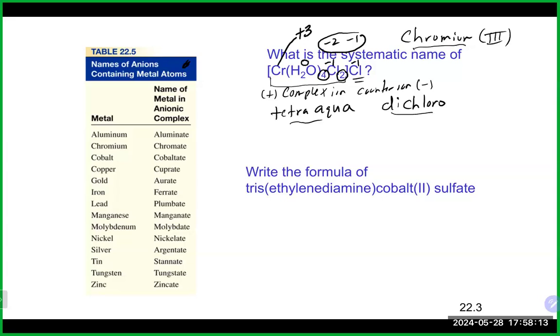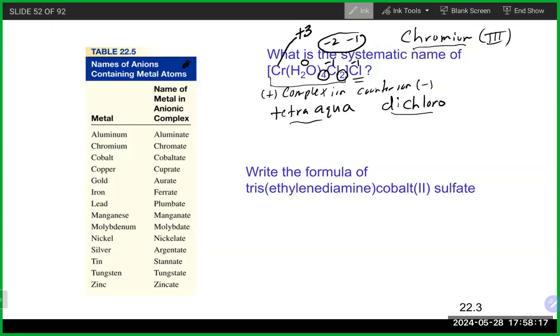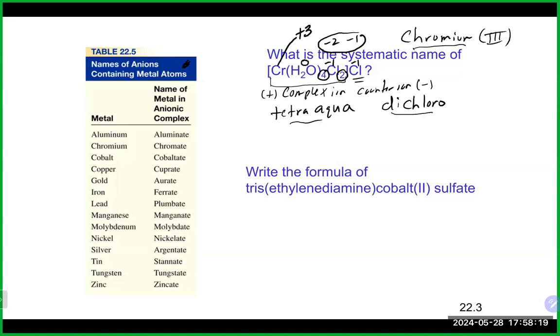So we do need to put it together here. Again, we're going to go ligands first on the name, regardless of prefix. So we're actually going to compare A to C here, and it's going to be the A first. So this would be tetraaqua or tetraaquo, dichloro, chromium, Roman numeral 3.